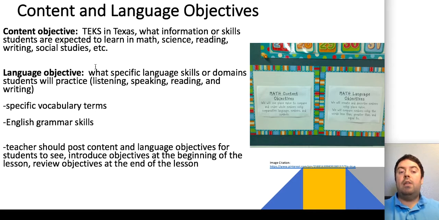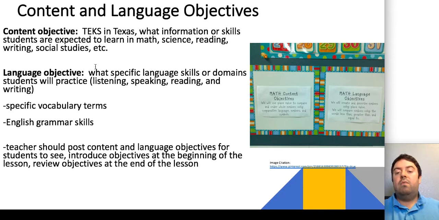For those who are history teachers, social studies teachers, even fine arts teachers, students will need to be able to read about the topic area to learn more about what they're trying to develop in terms of their knowledge. But also, students will have to write their point of view and explain their perspective or summarize what they learned.